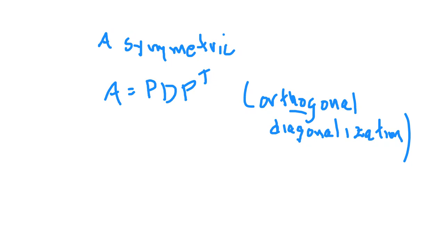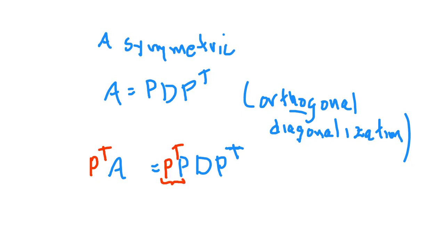We can take A equals P D P transpose and left multiply that equation by P transpose. What's P transpose times P? Being that P is an orthogonal matrix, it's the identity matrix.